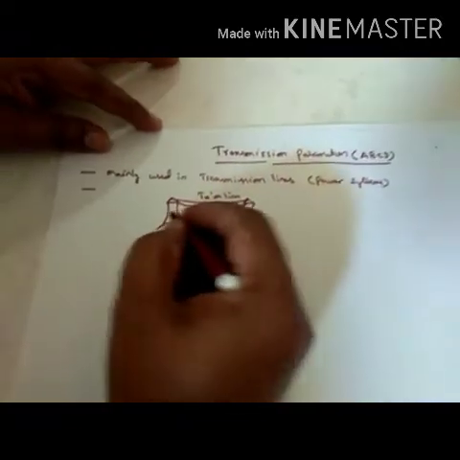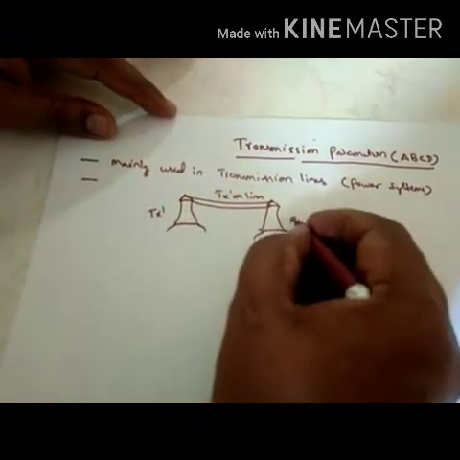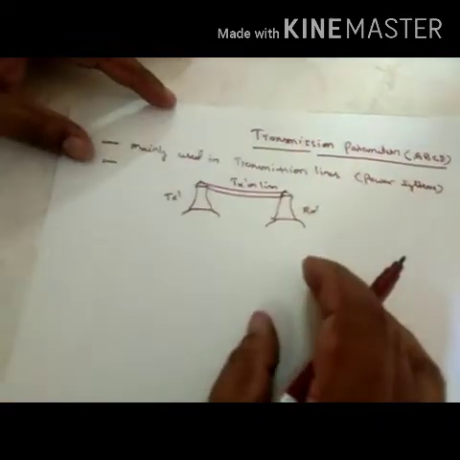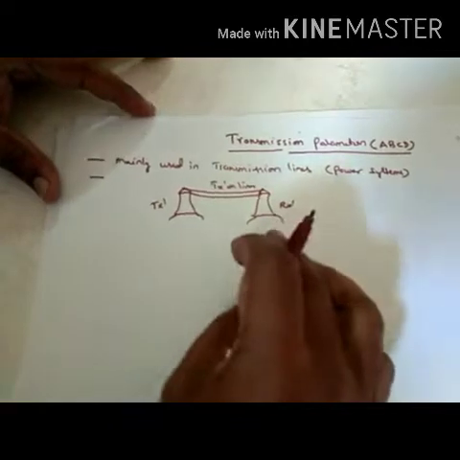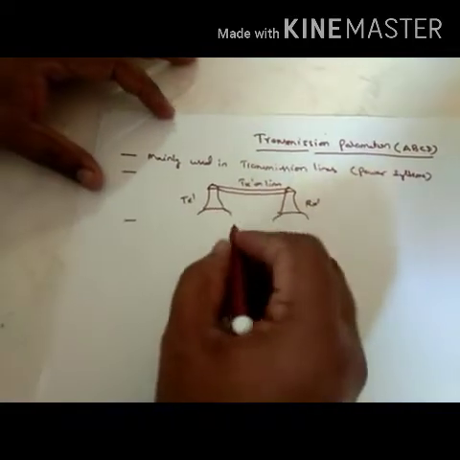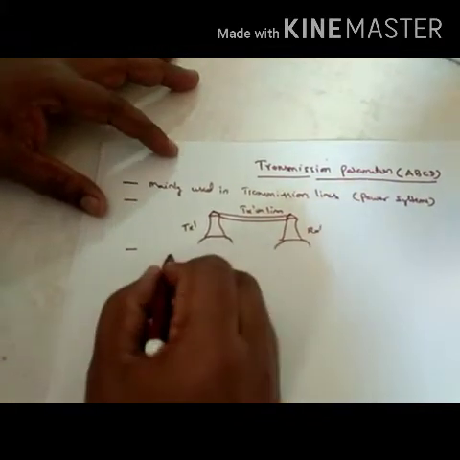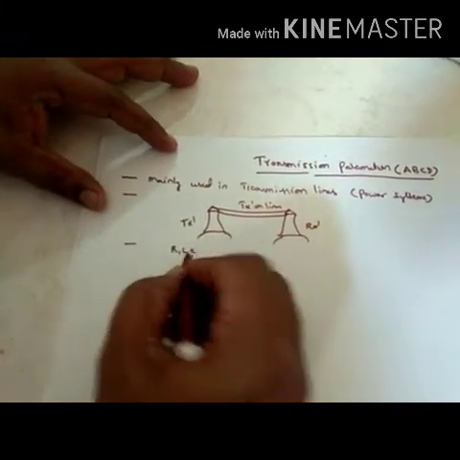This is some transmission end, this is some receiving end, or source end and receiving end. Generally these transmission lines are modeled in terms of RLC components only.